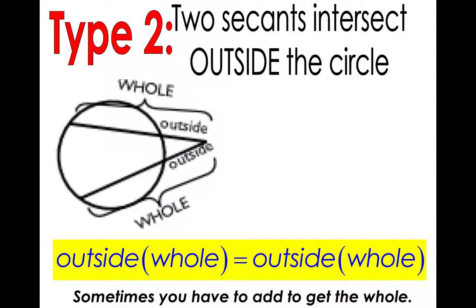Let's look at the next type. The next type says that if I have two secants that intersect outside of the circle, meaning that my two secants come to a vertex outside of my circle, then the rule says that I'm going to take the length of the outside of one secant times the whole length of that same secant, and set it equal to the outside of the second secant times the whole length of the second secant.